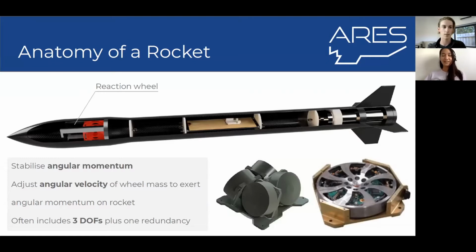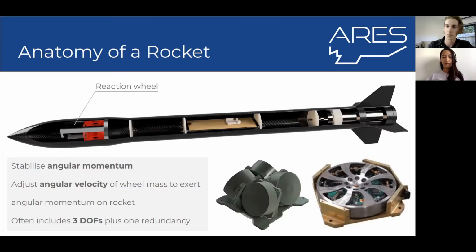All right. So this is brushing over a reaction wheel and what it does, but basically it's a type of flywheel, usually used in parallel with gimbals or sensors that would detect its orientation. Basically it is used for attitude stability. So attitude means the orientation of the rocket.